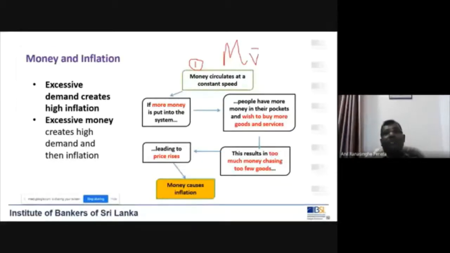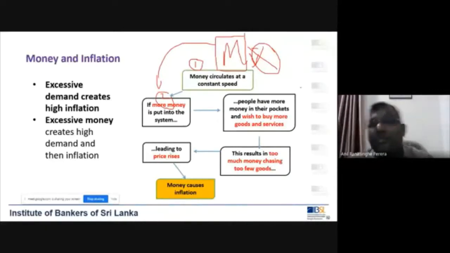It's not changing. The speed of circulation will not change, so you can simply ignore this part. So money is there in the economy. If you put more money into the system, as in point 2, what will happen? People have more money in their pockets, and then they wish to buy more goods and services.